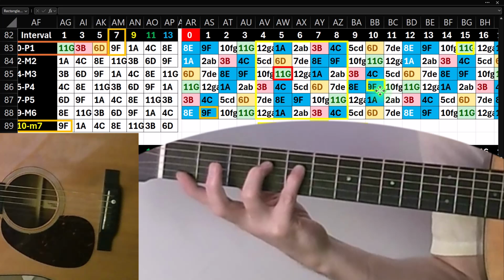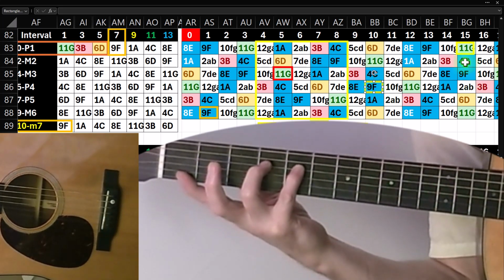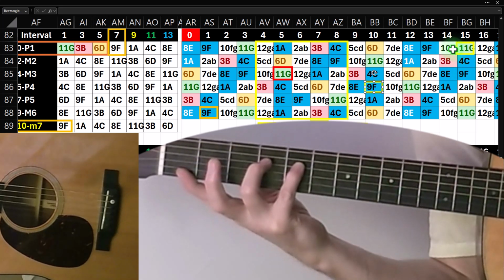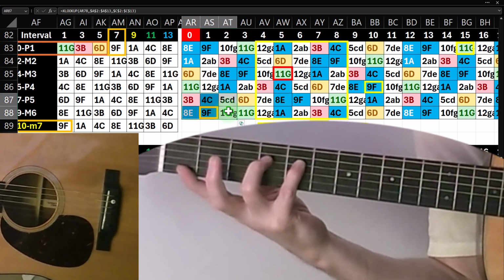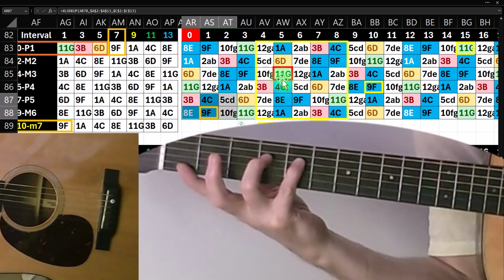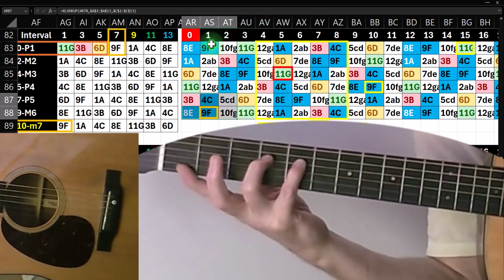The F would be here, shifted up 1. So normally if I go down 3 strings, the 10 note away minor 7 will be 5 frets back. It'll be easier because this got shifted up. If I go down 3 strings and I cross the fault line, the 10 note away minor 7 will be 1, 2, 3, 4 frets back.